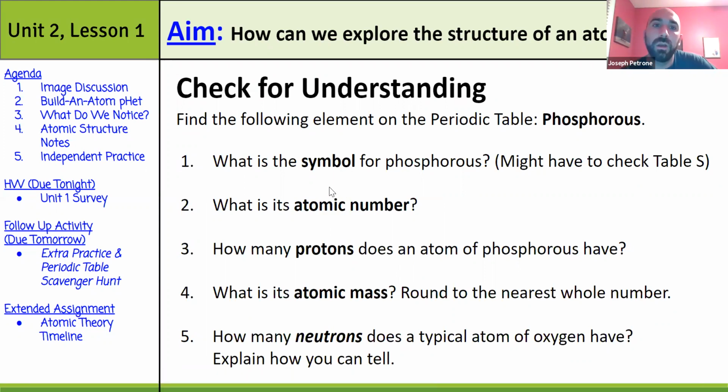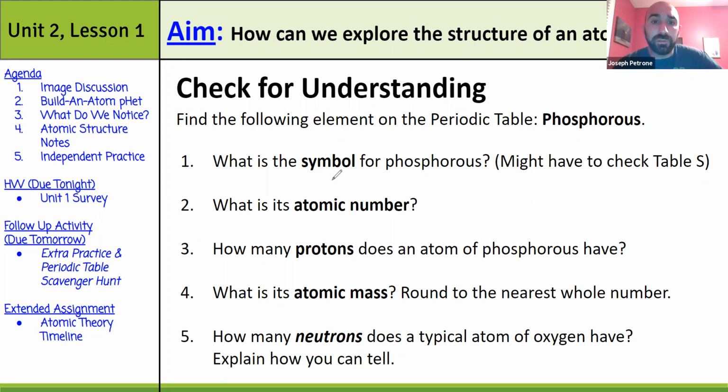Okay. So I want you to find the following element on the periodic table, phosphorus. If you are struggling to find particular elements and their symbols, what you want to pretty much try to do is find the letter that it starts with and try to match that.